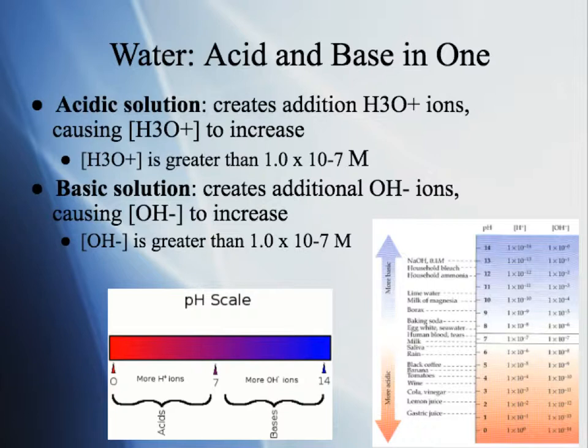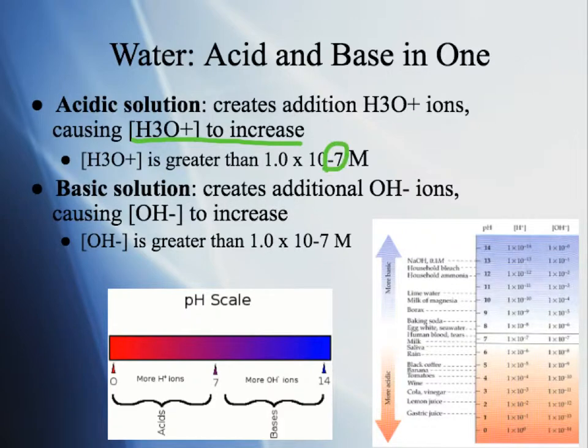So what we get is an increase of hydronium ion concentration. The hydronium ion concentration is going to be greater than 1 times 10 to the negative 7th molarity. That's an acidic solution. And please, please, please keep in mind that this is a negative 7th exponent.